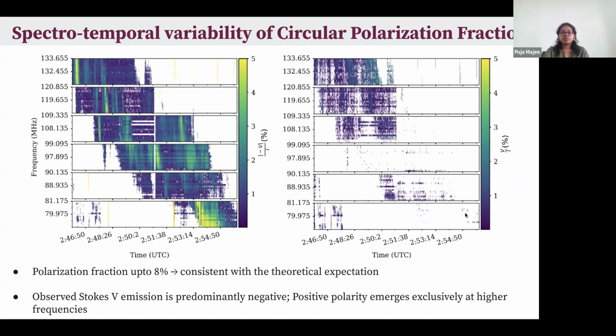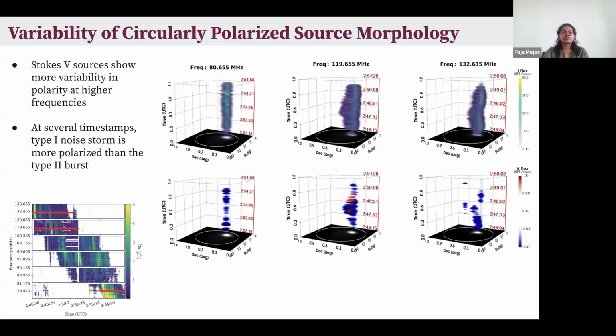So what we started doing is looking at the morphologies of the sources. As you can see here, these are the three different frequencies. Let me tell you what each panel shows. This xy plane is basically the sky plane, on top of which there are multiple images stacked with time.